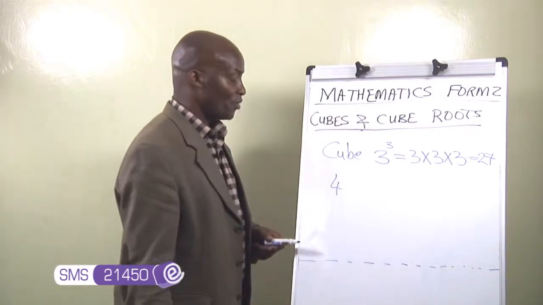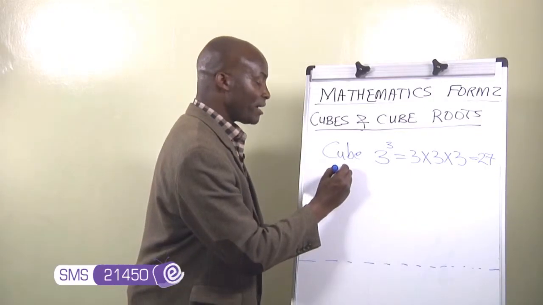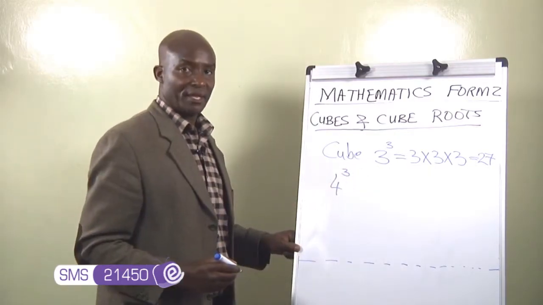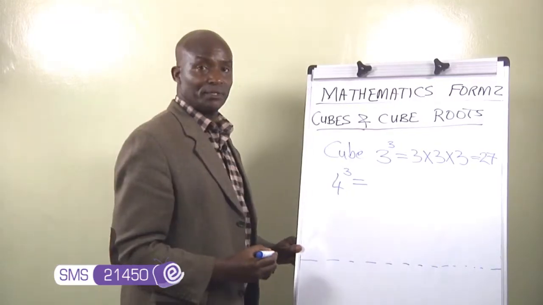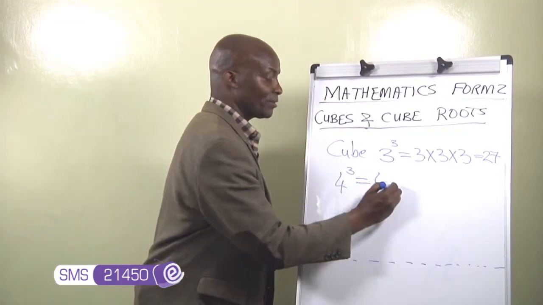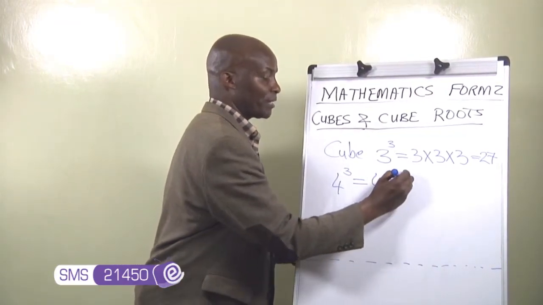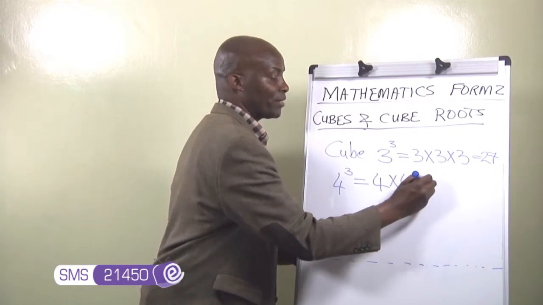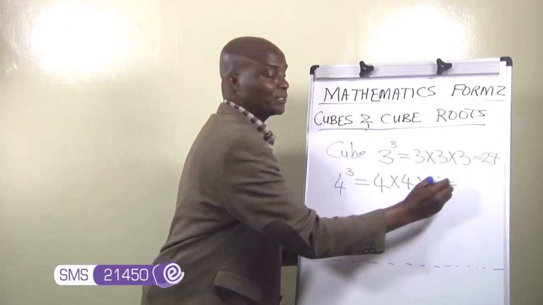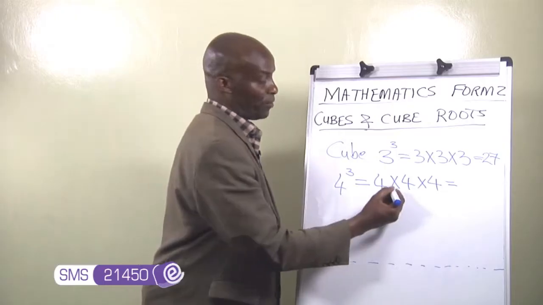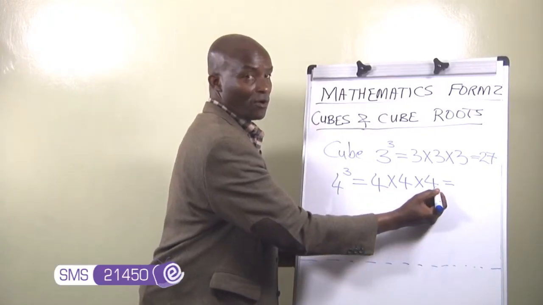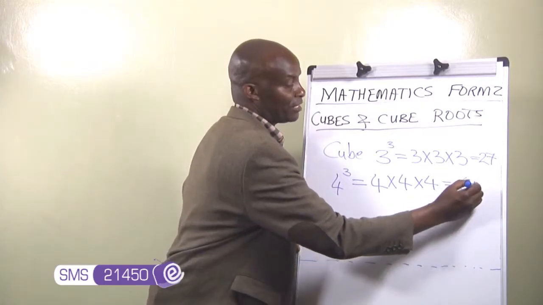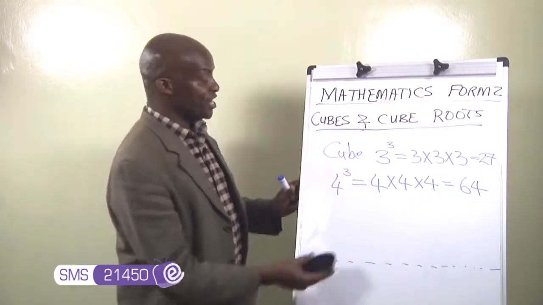It should be 4, then slightly above to power 3. So 4 to power 3 is 4 cubed. And that means 4 multiplied by 4 multiplied by 4, which will give us 4 by 4 is 16. 16 by 4 is 64.